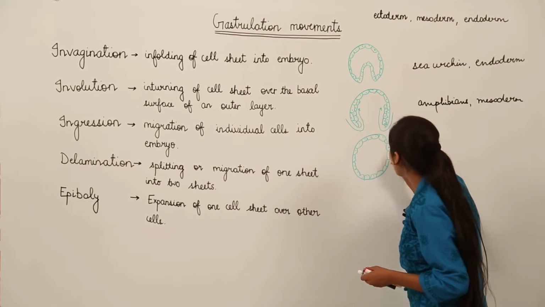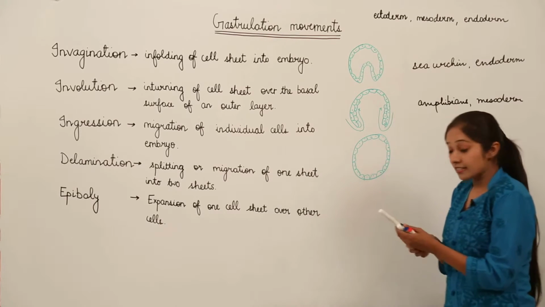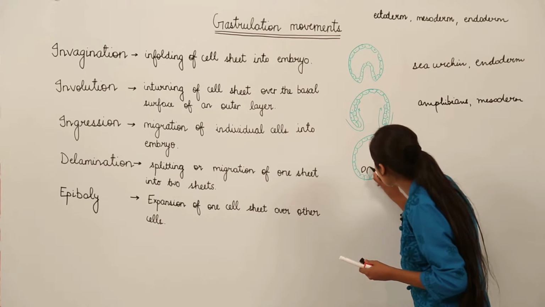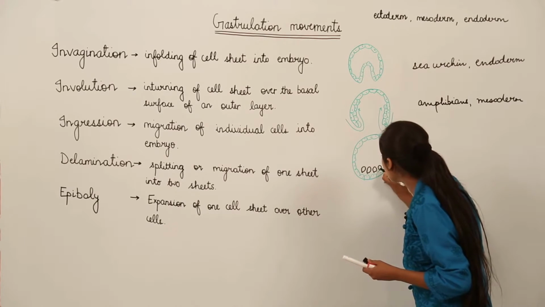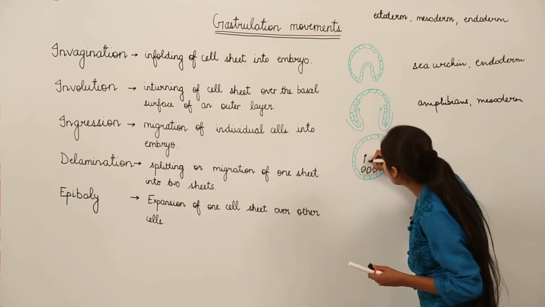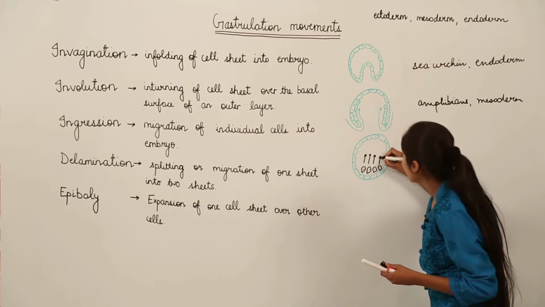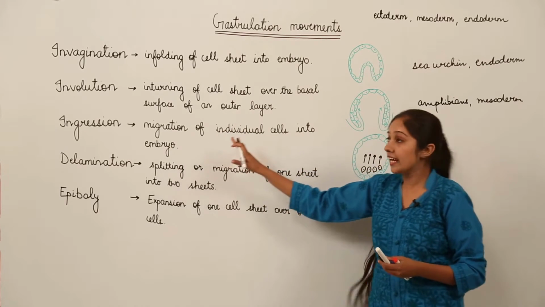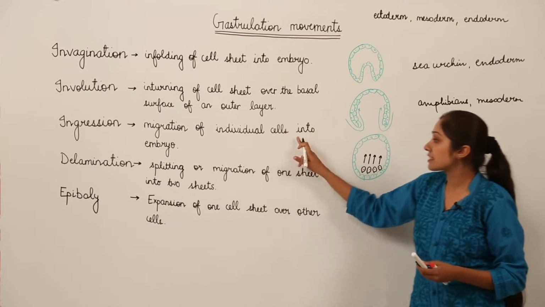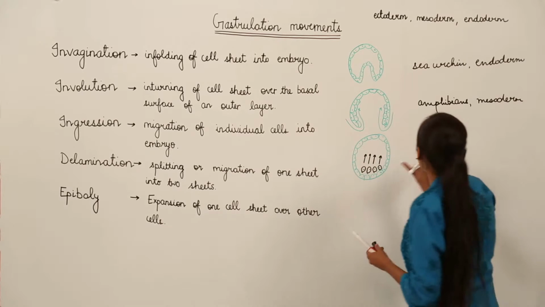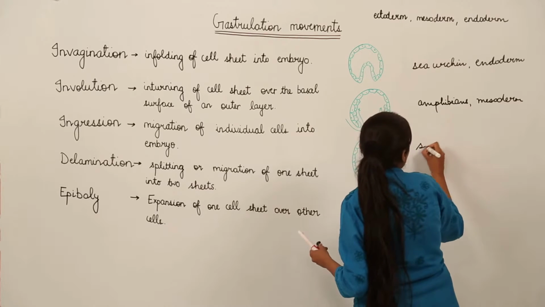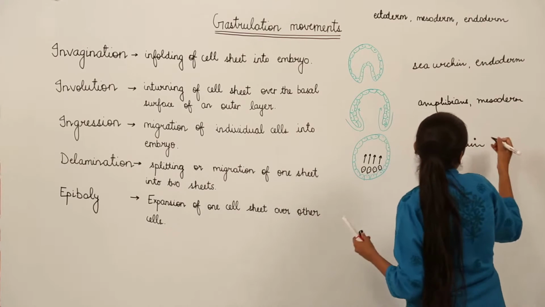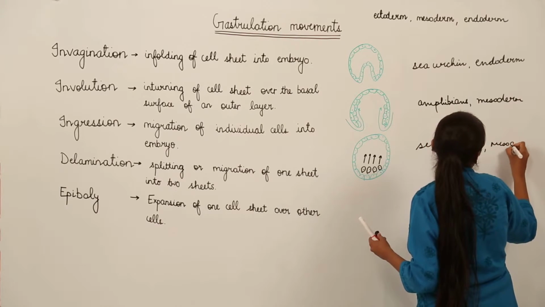So we can also say that maybe these are some sort of different cells. So individual cells are going to enter into the embryo. So I can show it like this. This type of movement of cells is known as ingression, that is migration of individual cells into the embryo, and this type of movement is seen in case of sea urchin only, but during the formation of mesoderm.